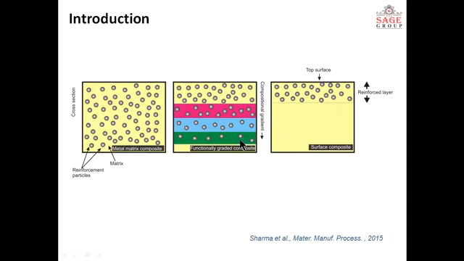As we go on increasing to the top, the volume of reinforcement increases. Suppose in an application where we need a higher amount of reinforcement at the top, this functionally graded composite will serve the purpose very well, because at the surface we need the highest amount of reinforcement, but at the lower part we do not need such a great amount of reinforcement. So there is a variance in the volume of the reinforcement. These are known as the functionally graded composites.